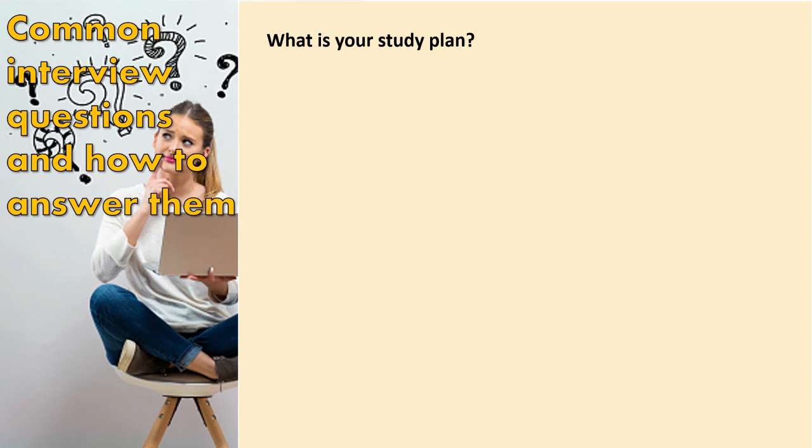Another question you can have is your study plan. Oftentimes, the interviewer will ask you what your study plan is. So this is also part of the most common questions you will have during the F1 visa interview. You can talk about your courses, the number of credits you'll be taking when you resume, or the total number of credits you are expected to take throughout your program.